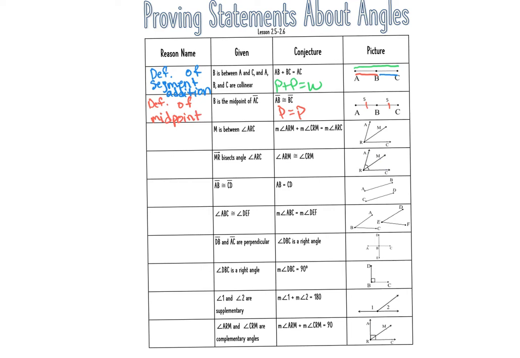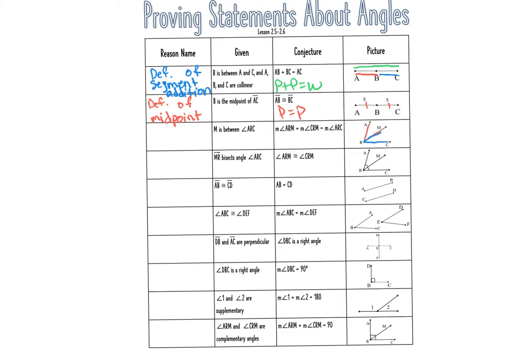The third one, let's use red. M is between angle ARC. So we have the measure of angle ARM, which is going to be this angle here. That's our first part, first angle. Second one, measure of angle CRM, so C to R to M will be that one.